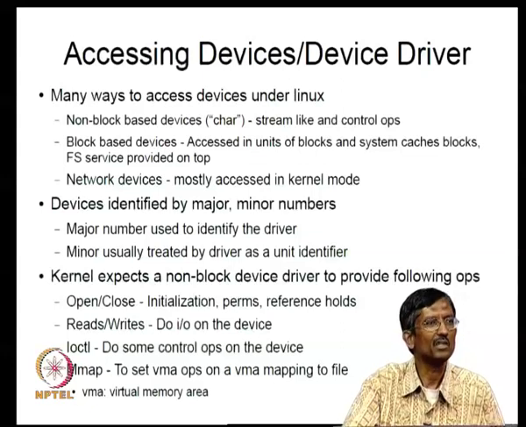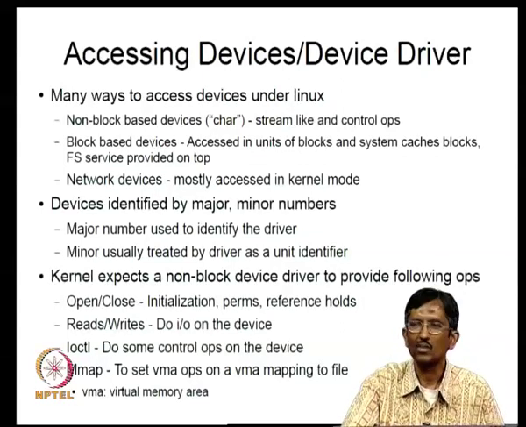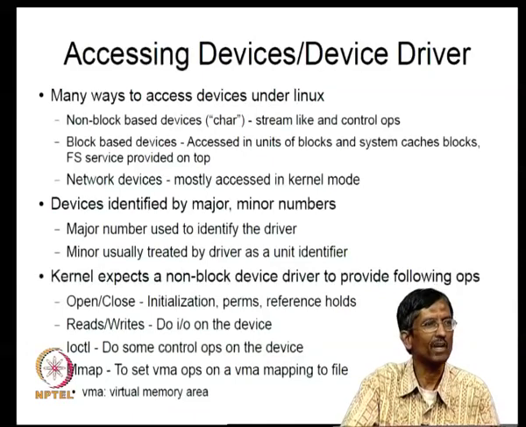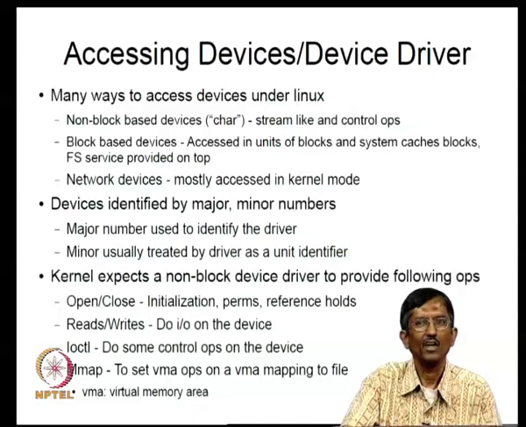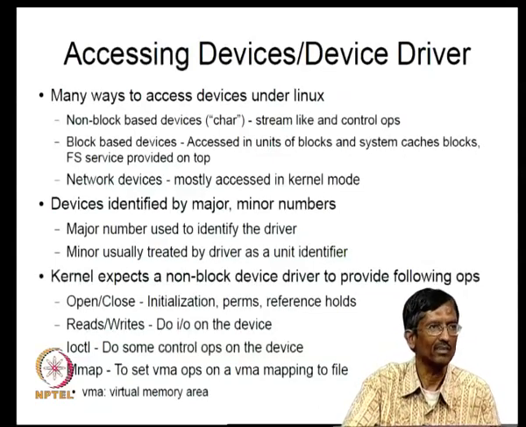Suppose my major number is 8 bits, that means I can have a maximum of 256 types of devices. Later, once I remove the tape device 7, I can attach some other thing like a CD-ROM and reuse that number slot 7. I can do those kinds of things.